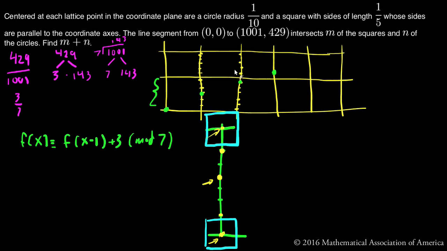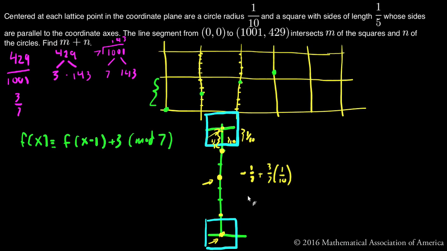The way I did that is, if the side length is 1/5, that means each of these is 1/10. I know that this distance here is 1/7. So what I can take is negative 1/7, so I'm 1/7 below the lattice point, and add on the slope, which is 3/7, times the change in x to get past the square, which is 1/10, half of the 1/5.